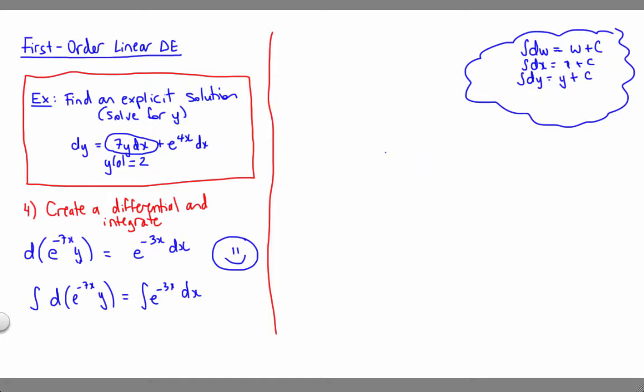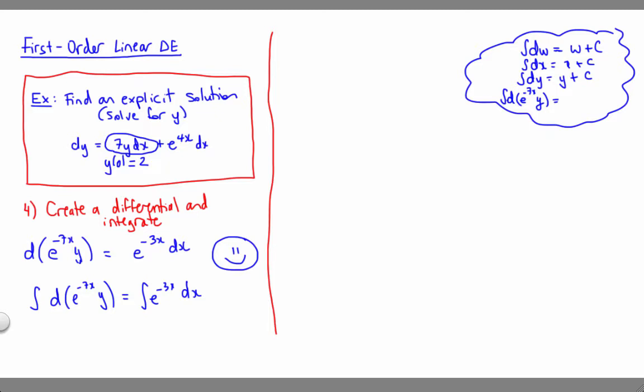Well, what we're really doing on the left-hand side here is integrating a differential where our variable is called something a little bit complicated. Our variable is called e to the negative 7x times y. But nonetheless, we're just integrating a differential. So it's similar to how when you integrate dw, you get w plus a constant.